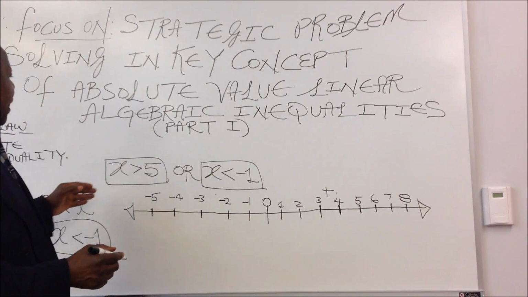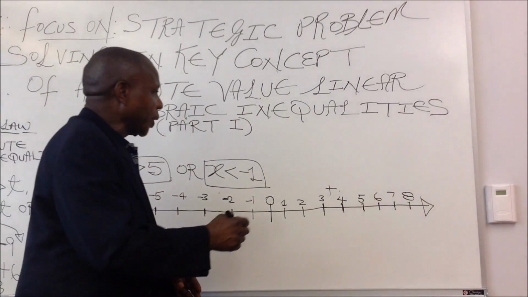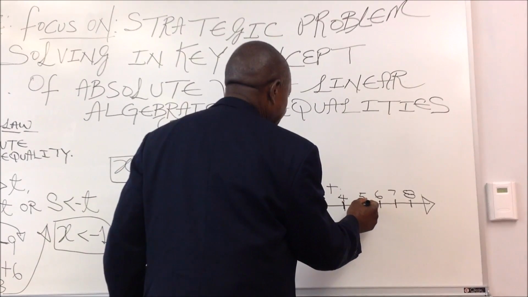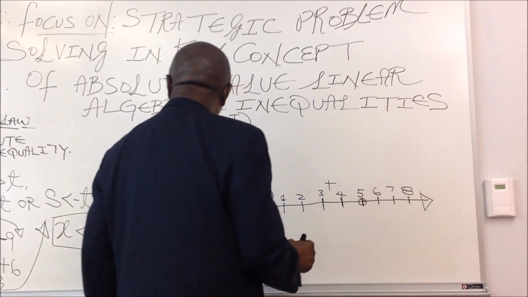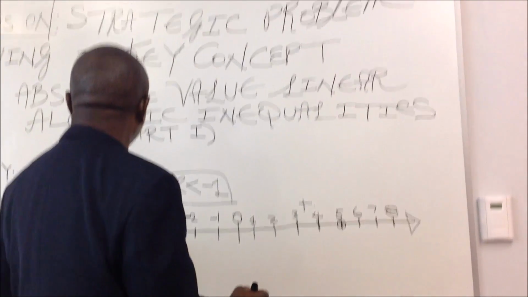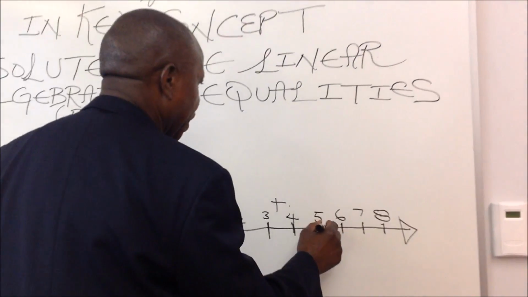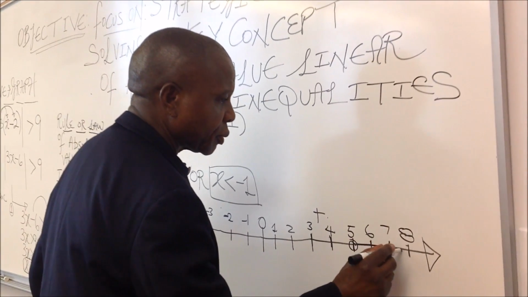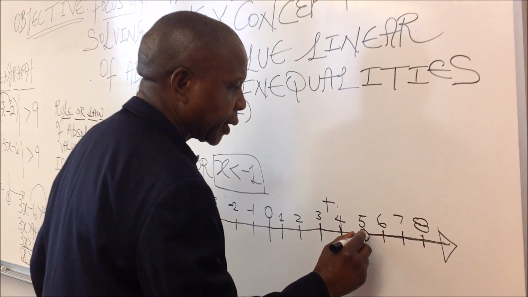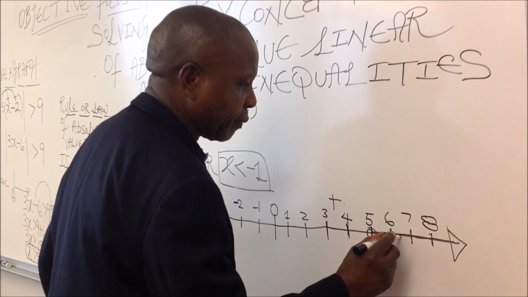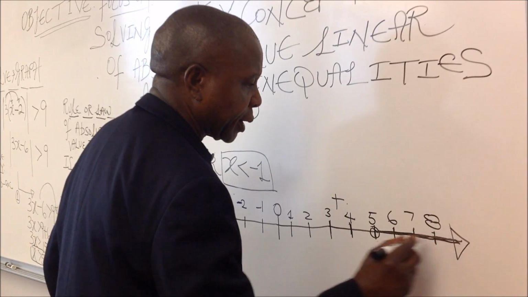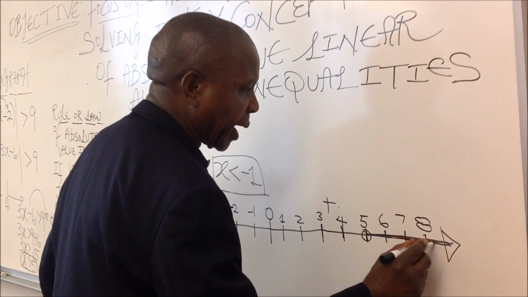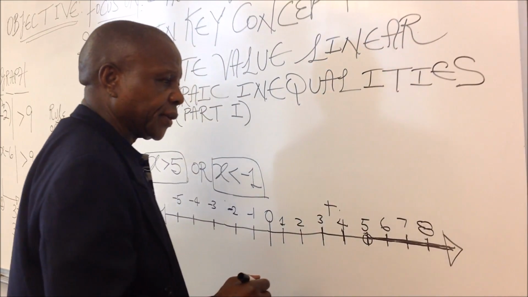So where will x greater than 5 be? Well, we are going to pick the number 5 here, of course. And because the solution says that x is greater than 5, we are going to shade every number greater than 5.